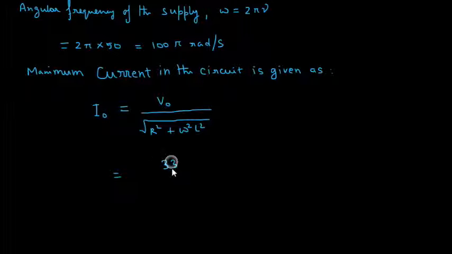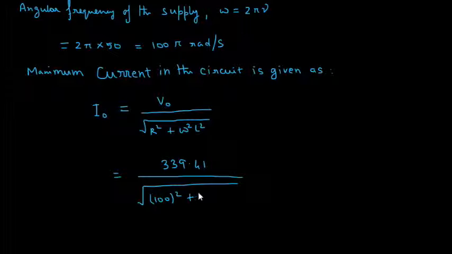So V naught's value we have found out a few minutes back. R's value is given. Omega's value you have just found out, and L square value is given.